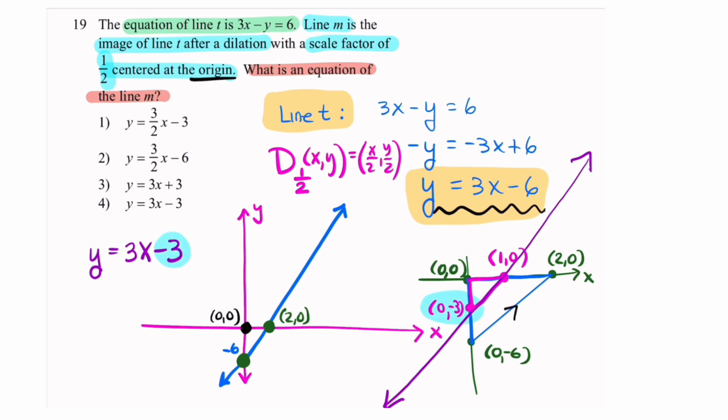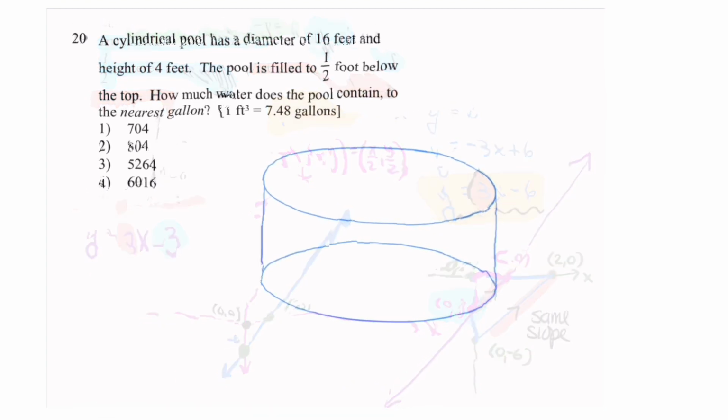So y equals 3x minus 3 will be the equation of our new dilated line, and that's going to be given by choice 4 in our multiple choice. That one is a pretty tough one if you do not use the grid provided on the back of the Regents exam.